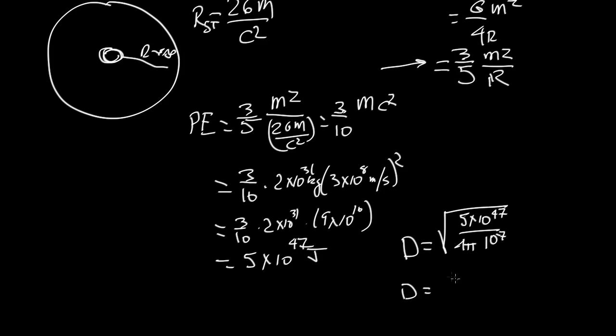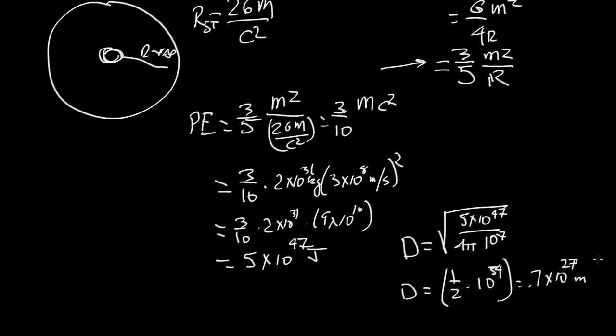So the distance could be calculated. 5 divided by 12 is roughly a half. So I have the square root of a half times 10 to the 54, which equals the square root of a half, about 0.7, times 10 to the half of 54, which is 27 meters.